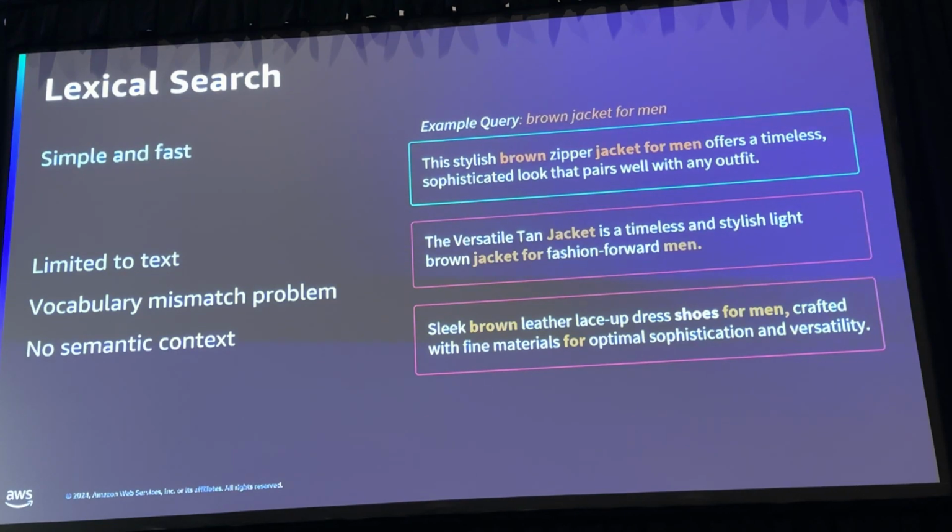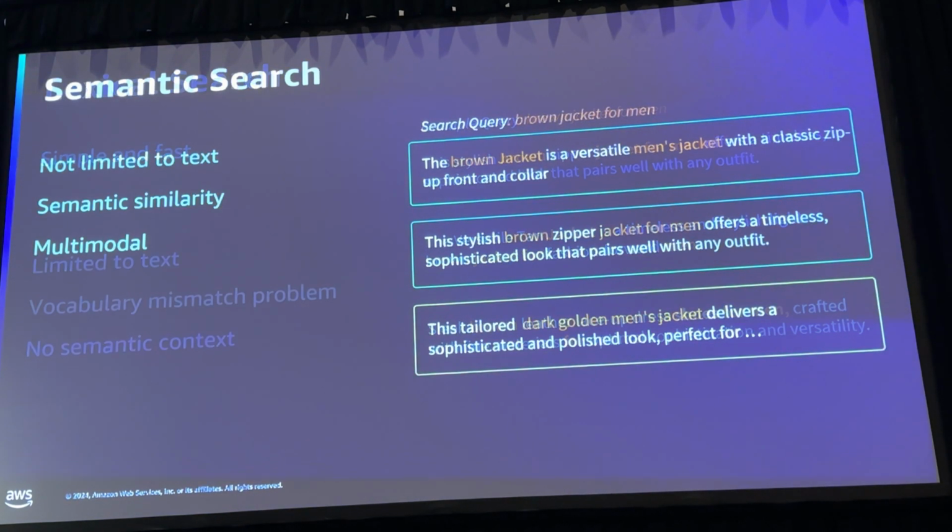You can easily see that in the example responses that we have put for that example query. Besides the correct matches, you also get jackets for men without any definition of color, and you even get brown shoes for men, which is the clear lack of semantic context. So that's the reason for it.